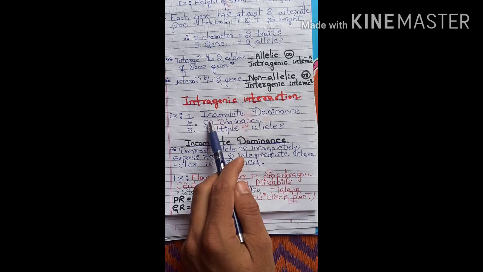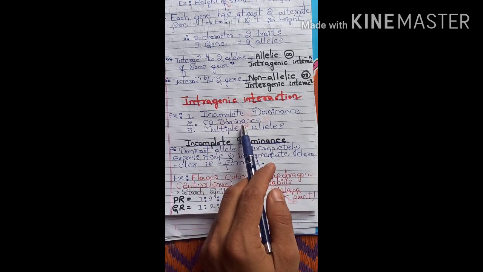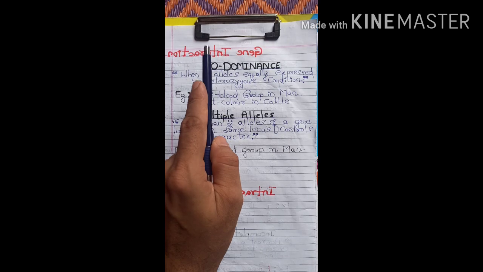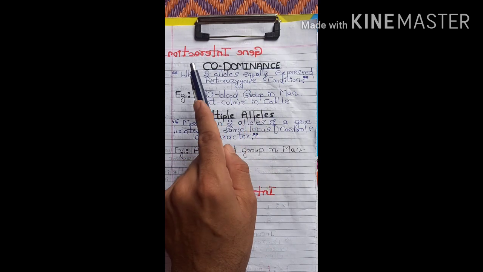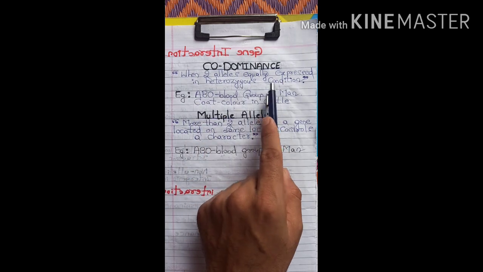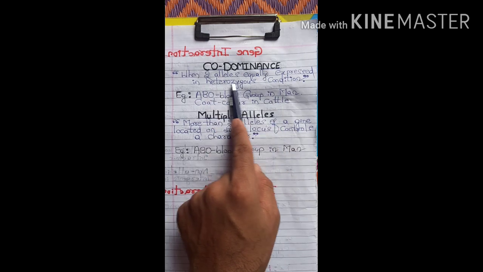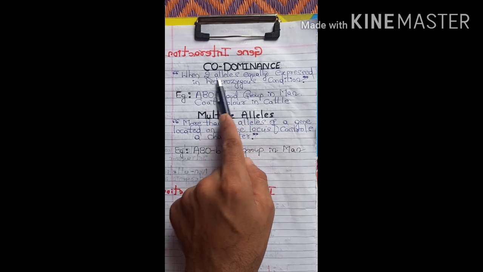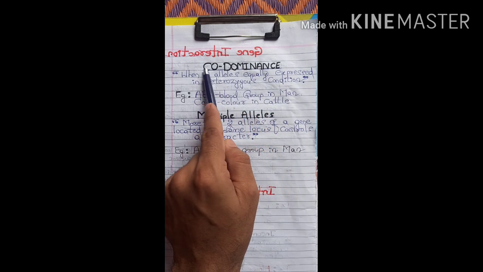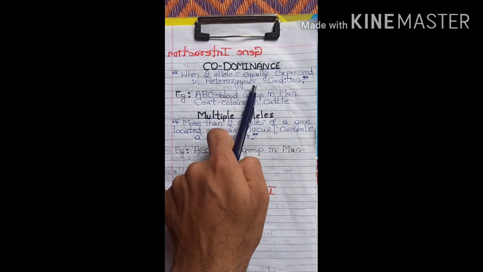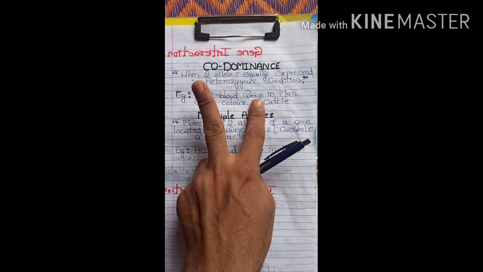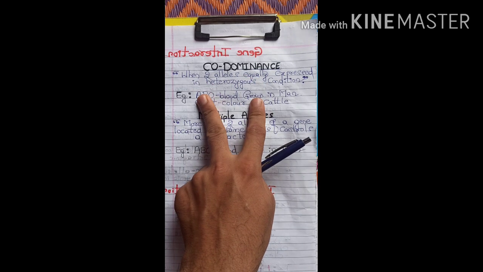Now we'll move on to the next topic, that is codominance. As the name suggests, co means both. So when two alleles are equally expressed in the heterozygous condition, this phenomenon is called codominance. Usually, according to Mendel, when there are two alleles, one is dominant and the other is recessive.